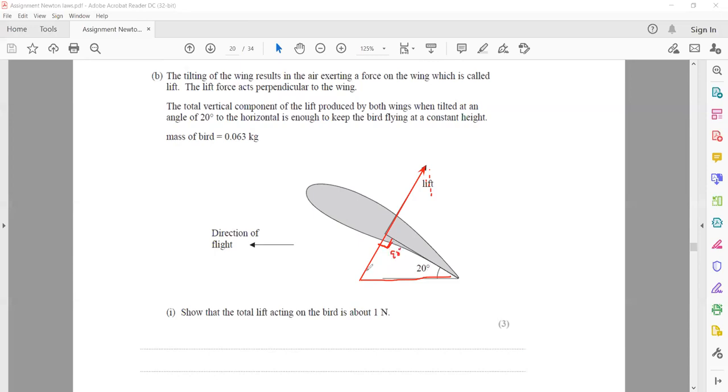So this is 120, so this will be 70. Now the lift will also have a component, because we need the direction of acceleration, so we need the force in this way. So how can we find the force? This is the lift which we already calculated, 0.66.